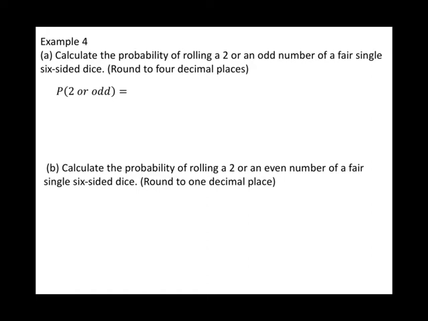Because the number 2 and the odd numbers 1, 3, 5, they don't have an intersection. Now think about it. What is the probability of getting a 2 when you have a 6-sided die? It's going to be 1 over 6, right? How about odd number? We do have 1, 3, 5, right? So 3 out of 6. So you should get 0.6667.